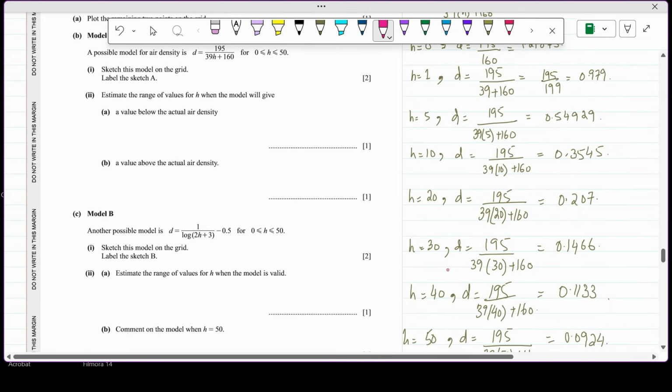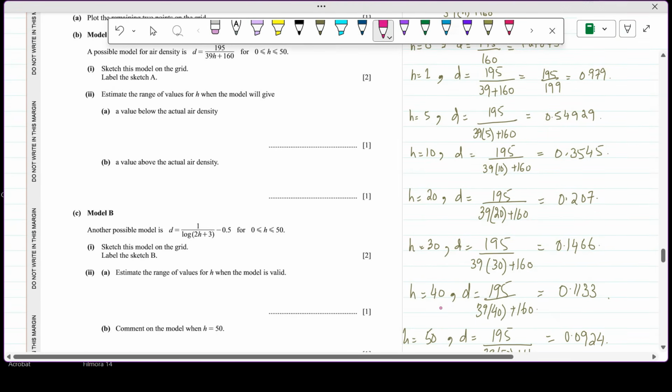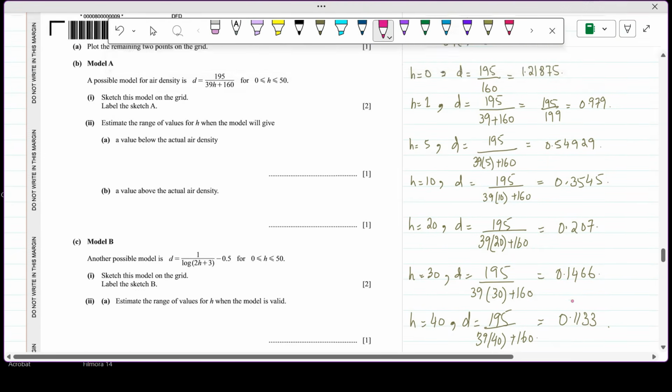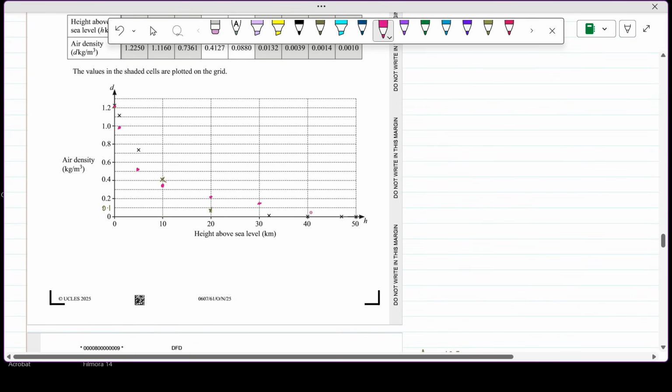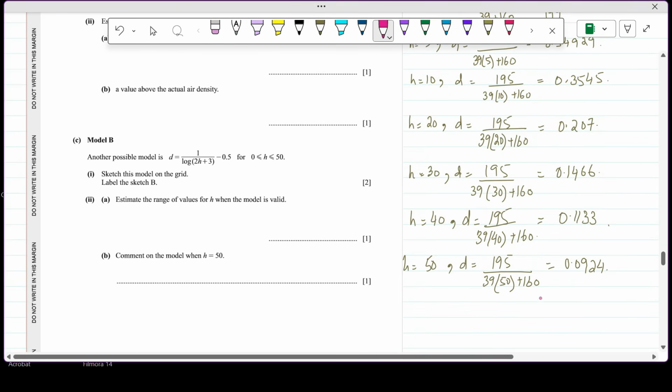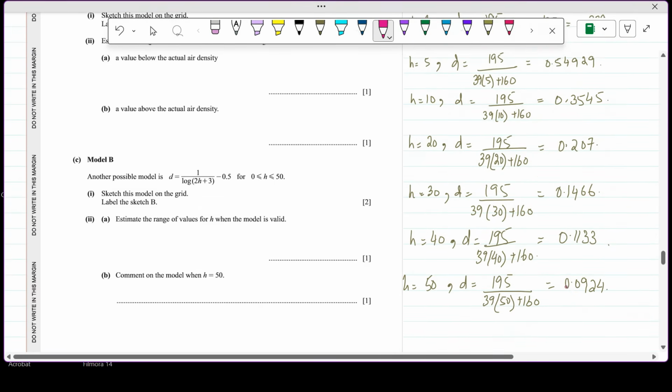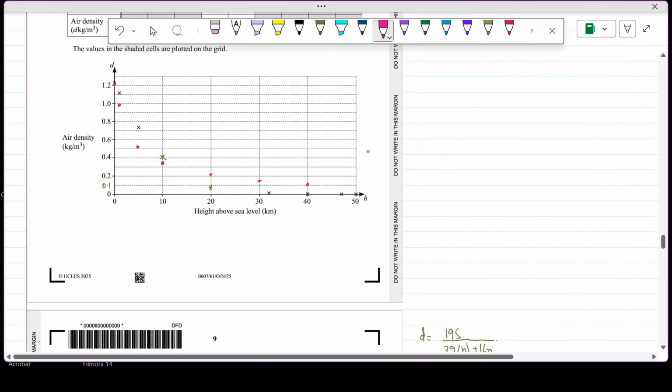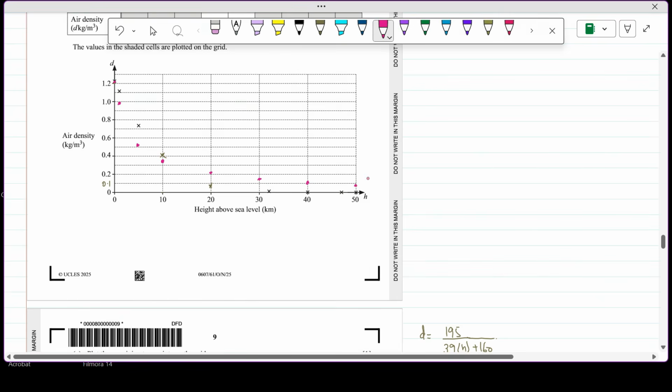When the height is equal to 40, we have the density 0.113, so this is just here. Okay, and when height is 50, we have the density 0.09, just below the point 1 here.